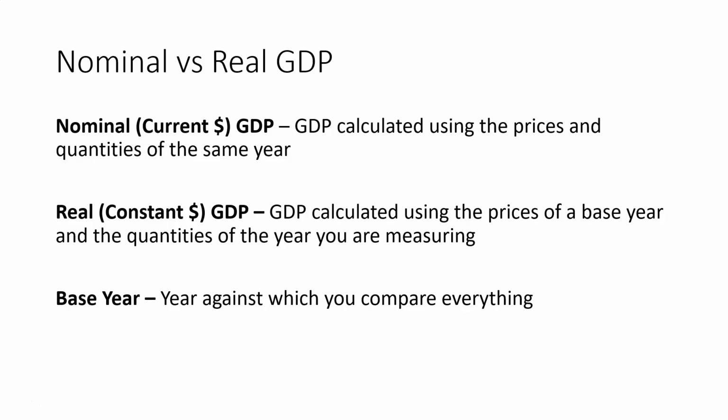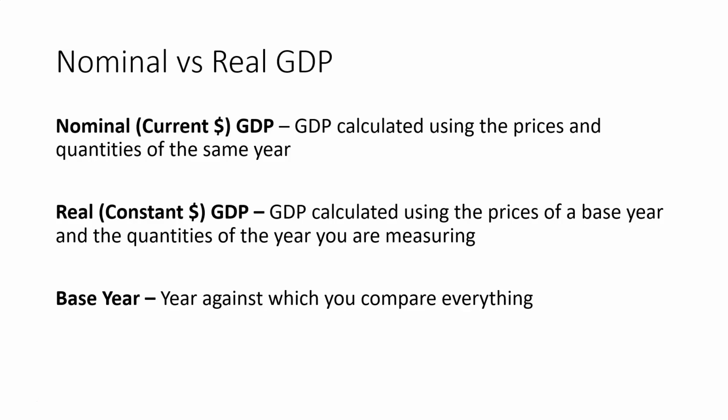Now, when we come up with the base year, the government goes back and it calculates all GDPs using the prices of that base year and multiplying by the quantities. All right, so this way you can compare GDPs from one year to another, and be certain that the changes in GDP are due to changes in output, not to changes in prices.